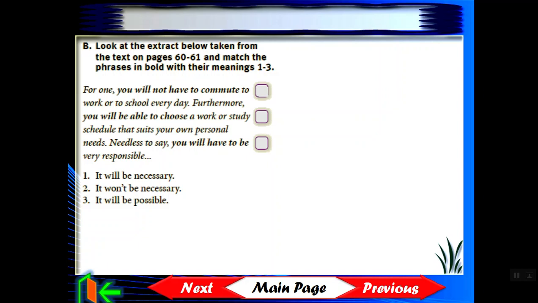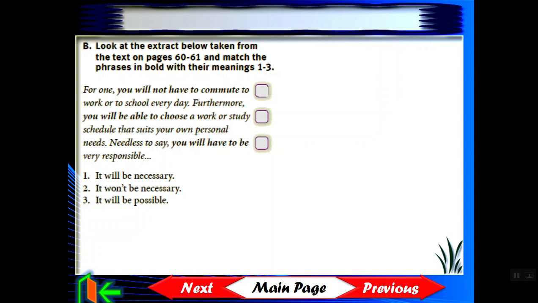Okay, let's go to the second exercise on the same page. B. Look at the extract below taken from the text on pages 60 to 61 and match the phrases in bold with their meanings 1 to 3. You're going to compare and match the 3 ideas; at the bottom of the exercise you can find 1, 2, 3.